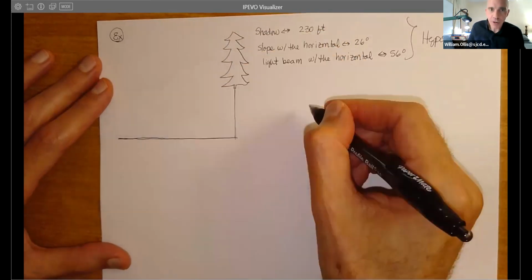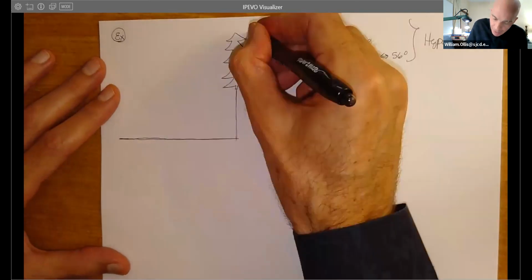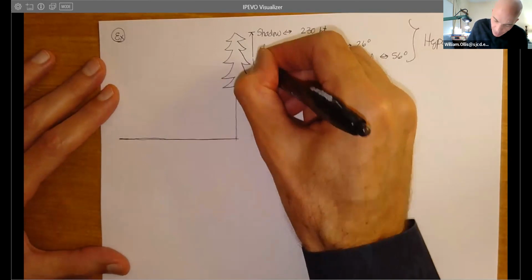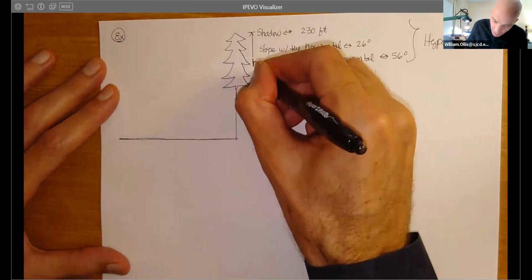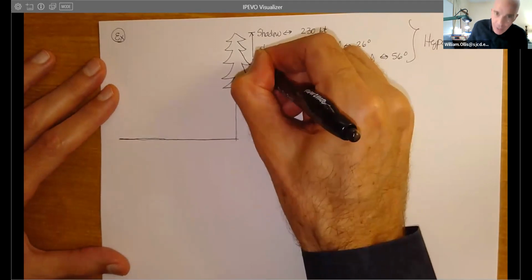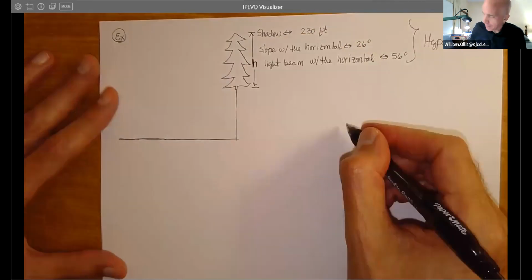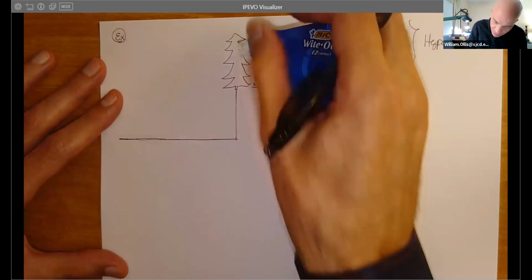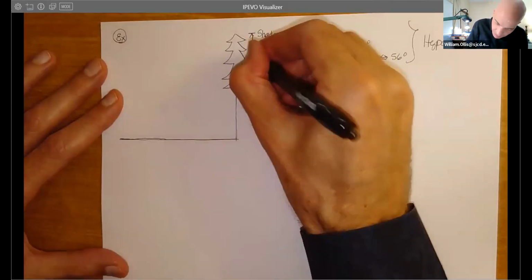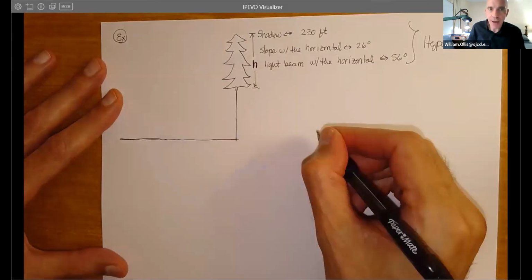There's our tree, and it's going to have a height we're going to call h. You're thinking that's what we're going to have to compute. You're exactly right. So that's h, a tree of height h.